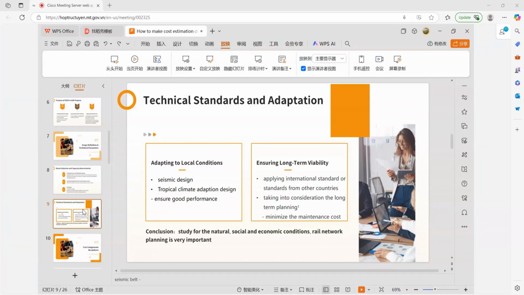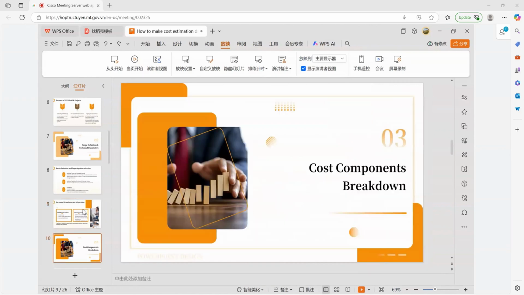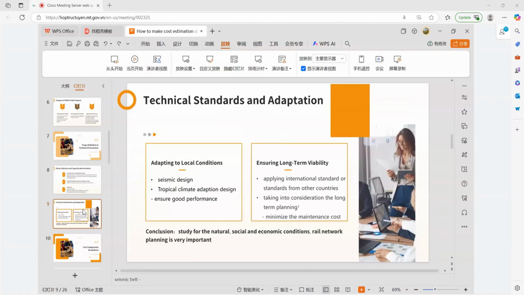So the first step for the cost estimation would be the breakdown of cost components. The biggest part of the costs for the high-speed railway will be the track and the civil works, which include the cost of rail system, tunnel, viaduct, and bridges.